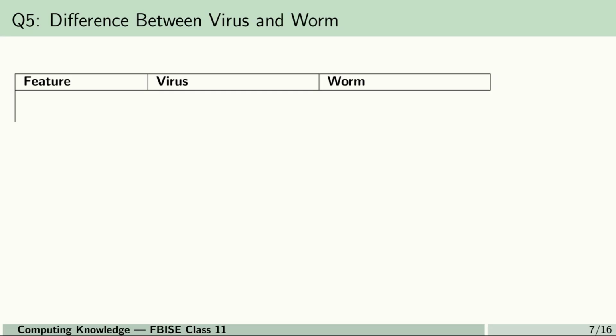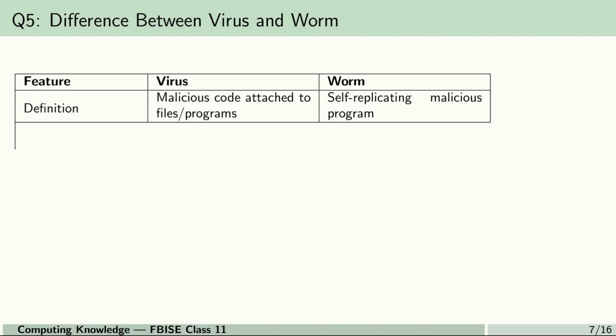Differentiate between virus and worm. Definition: a virus is malicious code attached to files and programs. A worm is a self-replicating malicious program.